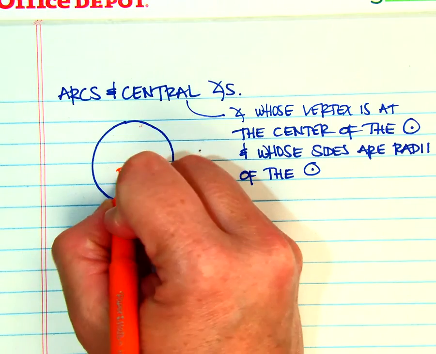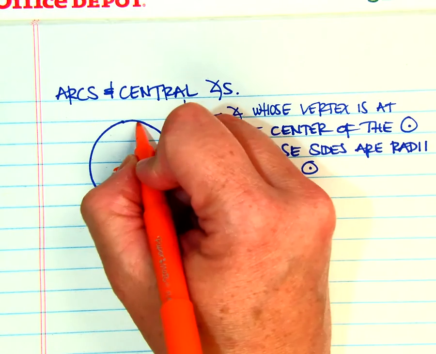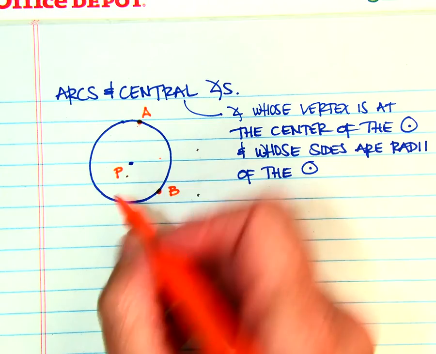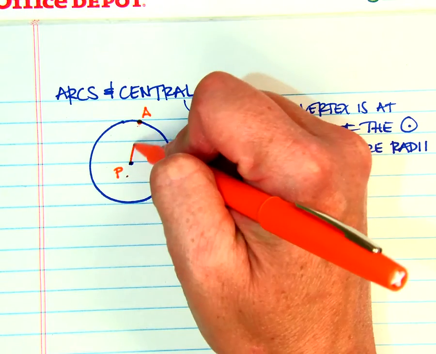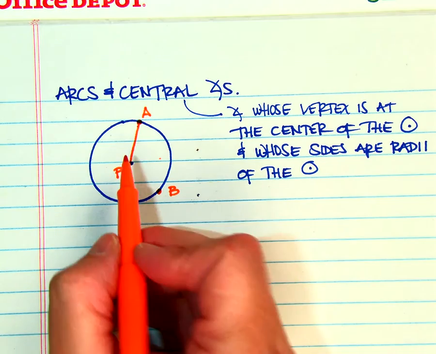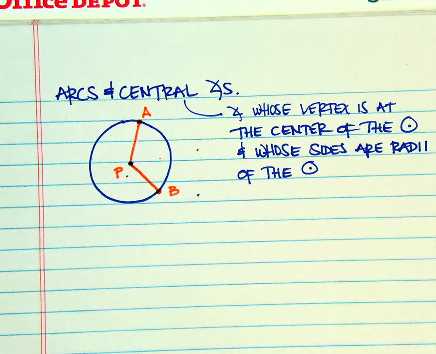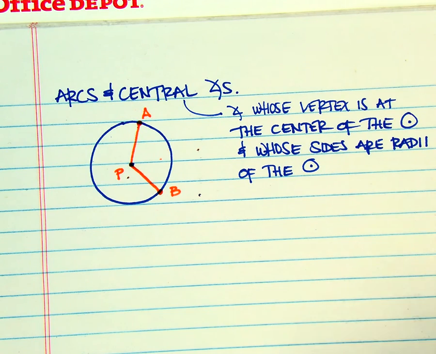So if I have center point P, and I have point A and point B, a central angle has a side of radius AP and a side of radius PB.